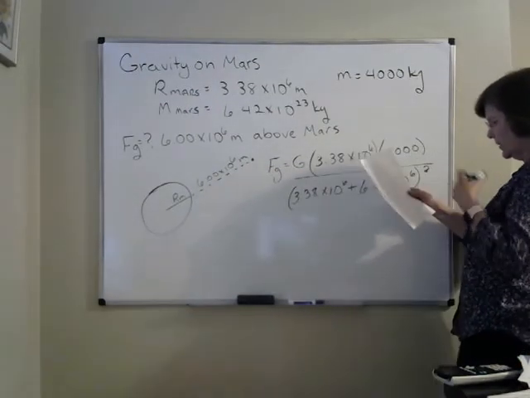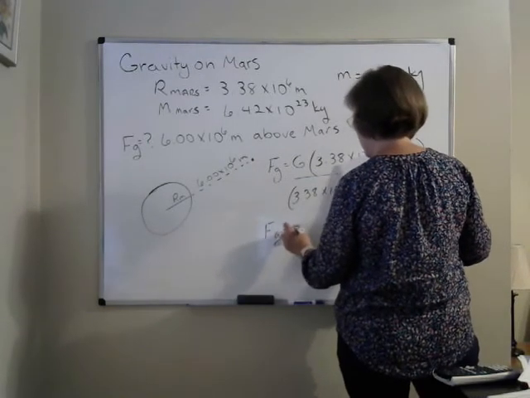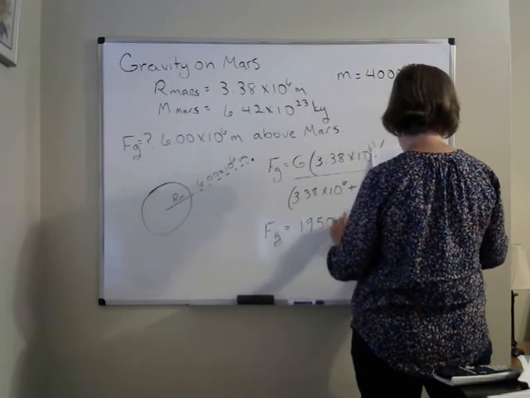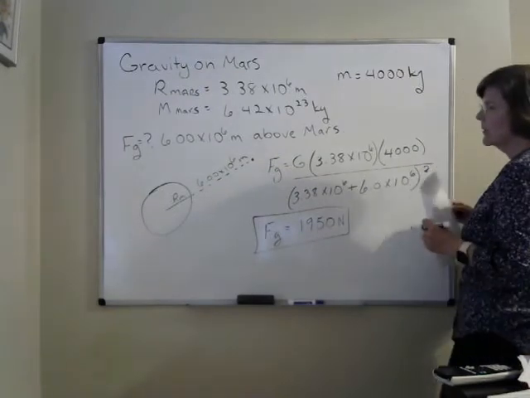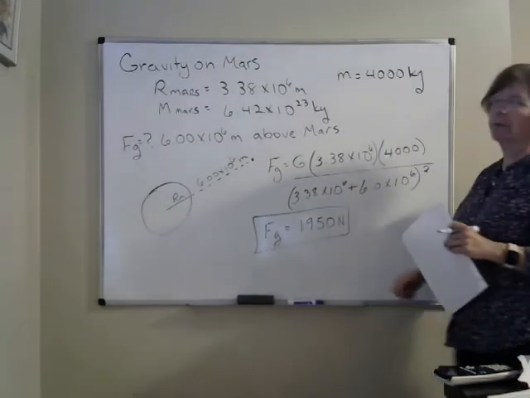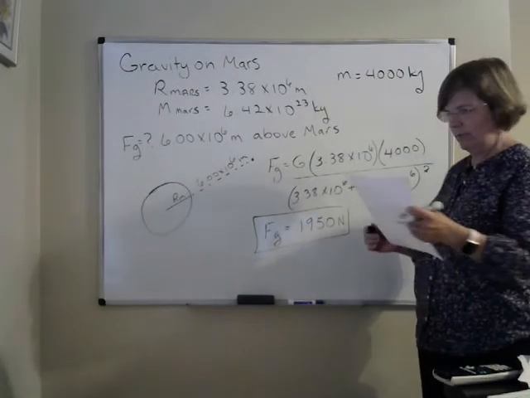Again, if we put all of that in a calculator, at that point, it's only going to weigh about 1,950 newtons, much less. Notice that it hasn't quite tripled the distance, but almost tripled the distance. So getting close to about 1/10 of the original force.